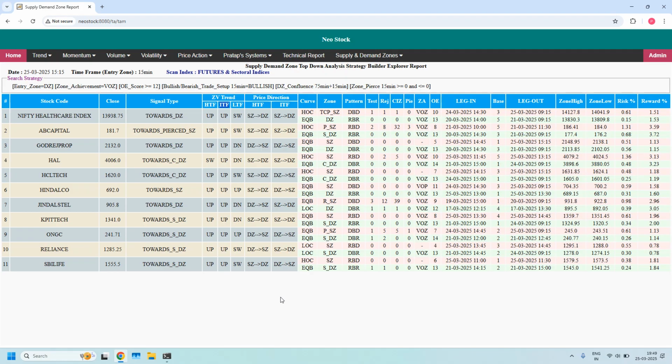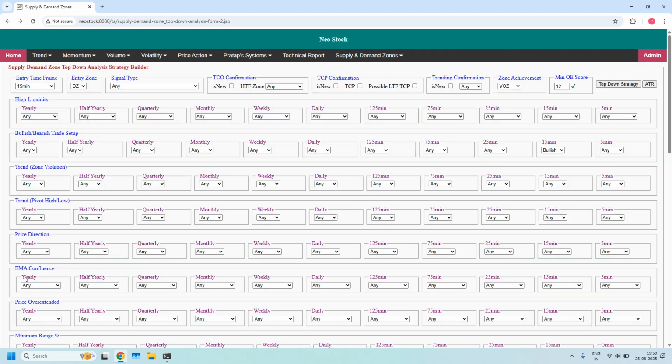So if a 75 minutes demand zone has daily EMA confluence, then these 15 minutes demand zones might have a higher probability of success because they are overlapped with a 75 minutes demand zone, and also that 75 minutes demand zone has daily EMA confluence. At 75 minutes time frame, I am setting the filter 75 minutes demand zone having daily EMA confluence.